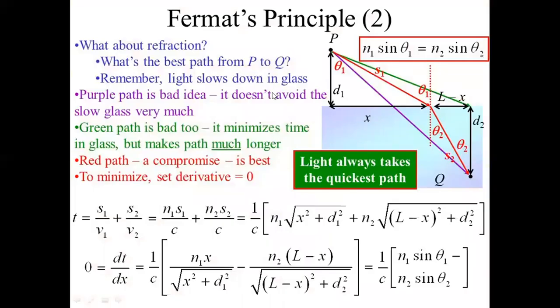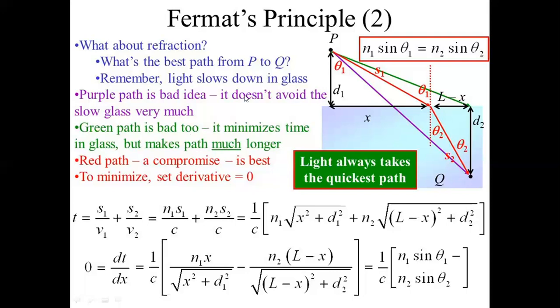If we discuss Fermat's principle briefly, the total time T is equal to s1 by v1 plus s2 by v2, and with respect to refractive index, n1 s1 by c plus n2 s2 by c. The velocity of light is the same in all media, so we take 1 by c out, and applying the Pythagoras theorem, we write n1 root over x square plus d1 square plus n2 root over l minus x whole square plus d2 square.